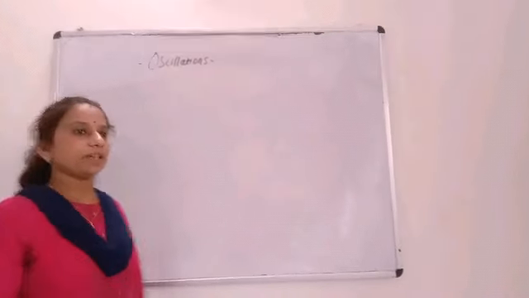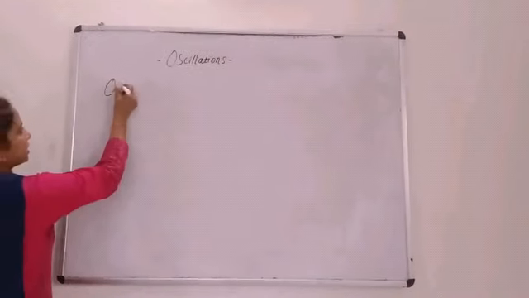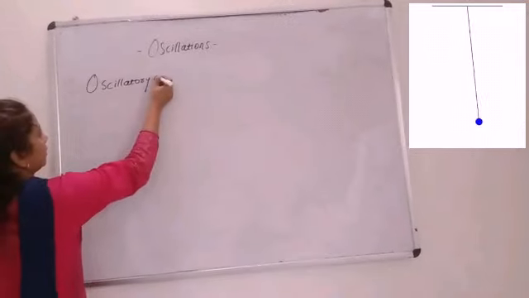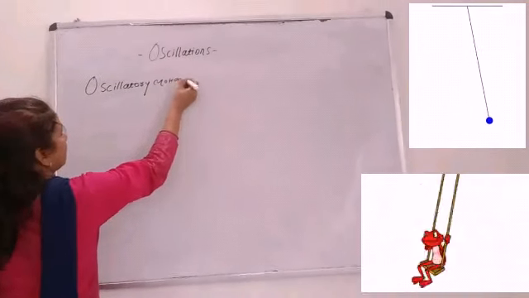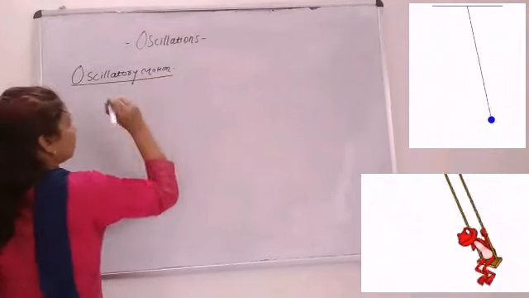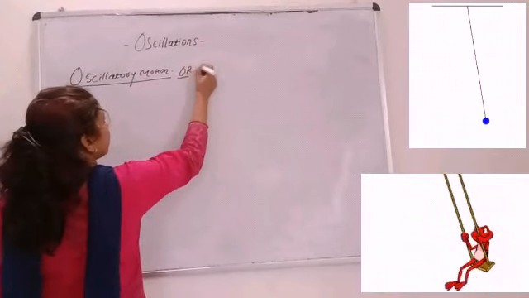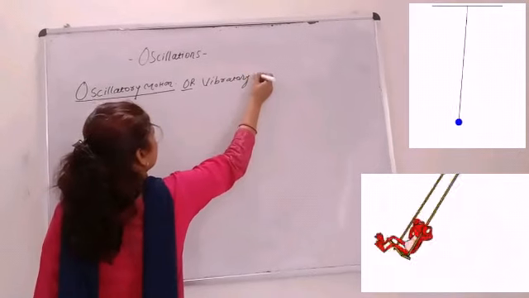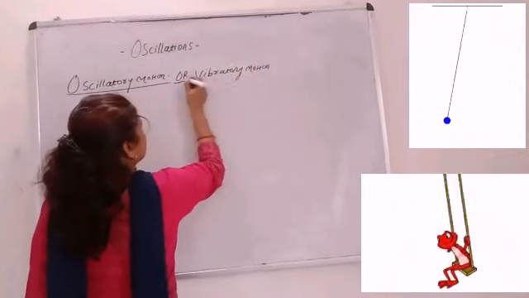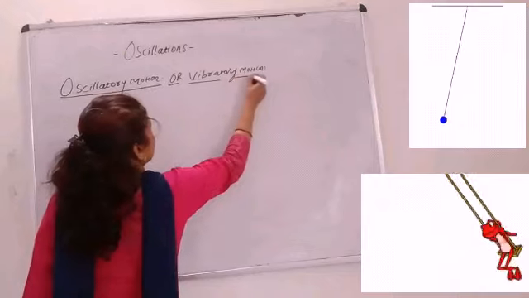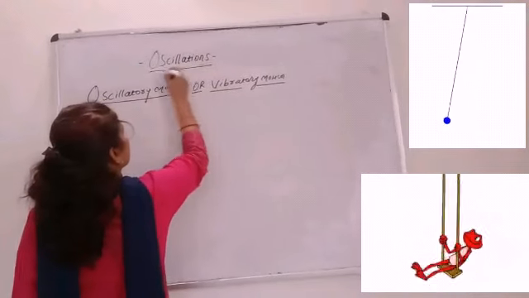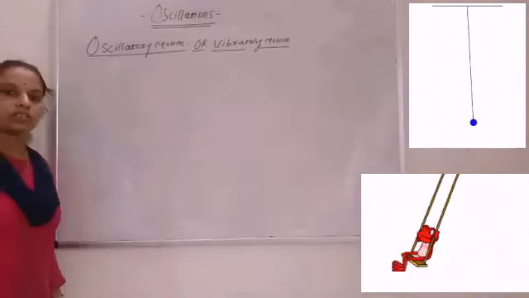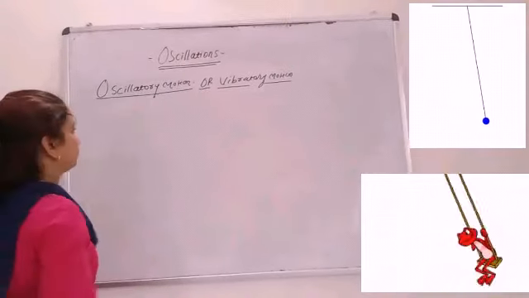Now, what do you mean by the oscillatory motion here? Or it is also called the vibratory motion. So, what is oscillatory motion or vibratory motion?